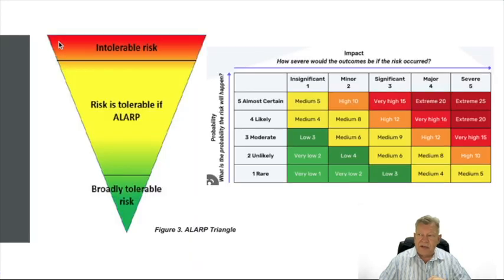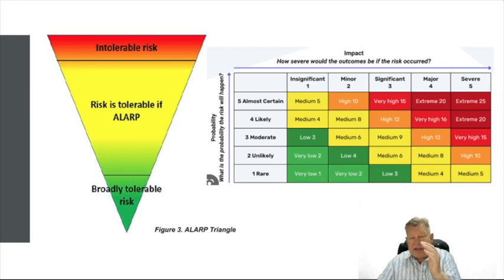In other words, I want to bring the risks down from this level where I say, if the likelihood is so high that something severe would happen, I have to do something.